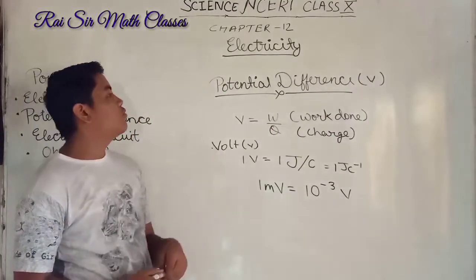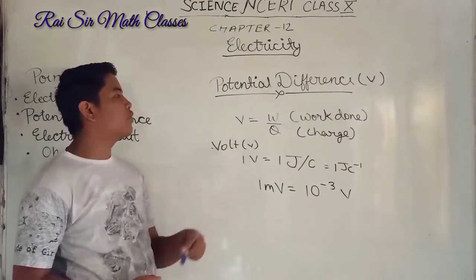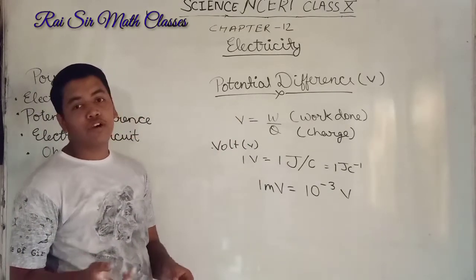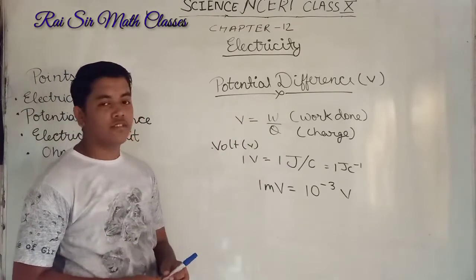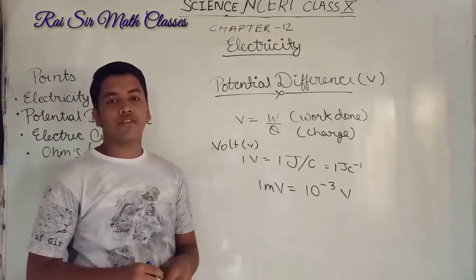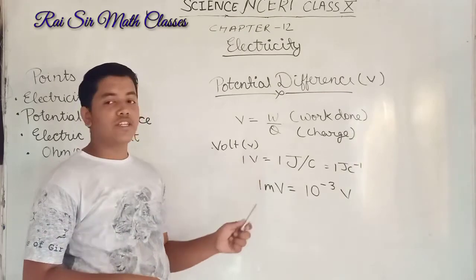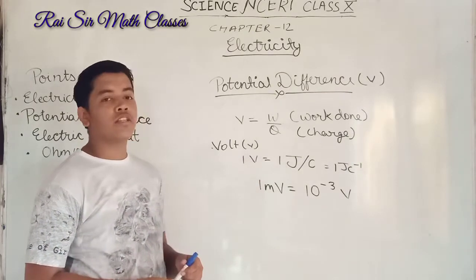Now we are going to see the next topic, that is potential difference. We represent it with V. What is its definition? Potential difference is the work done to move a unit charge from one place to another.